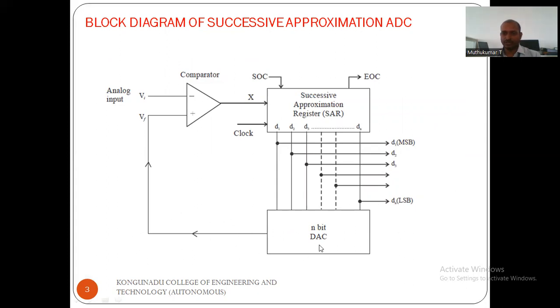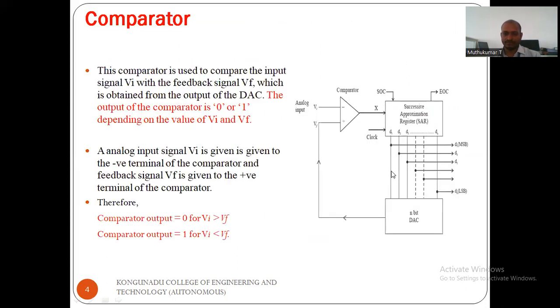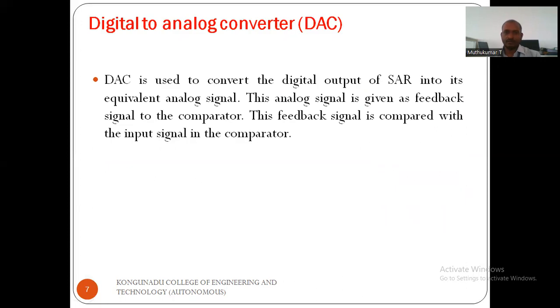The output of the SAR is converted into an analog signal, so we convert the digital output of the SAR into its equivalent analog signal. This analog signal is given as feedback to the comparator, and the feedback signal is compared with the input signal by the comparator.